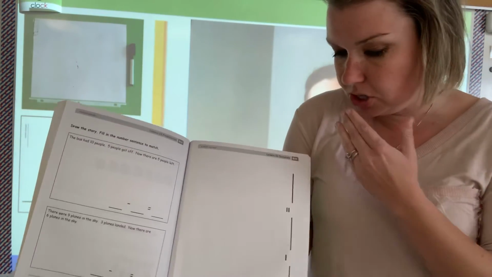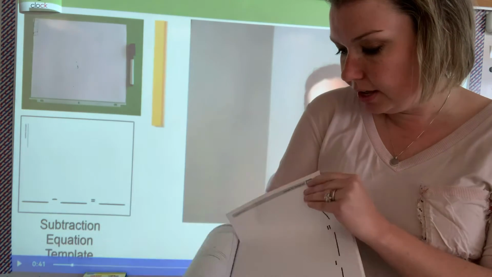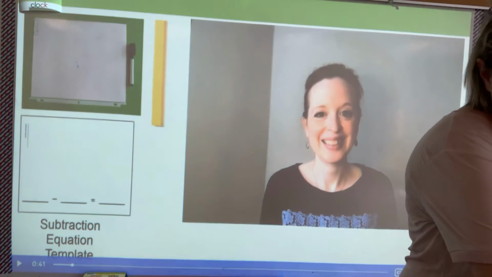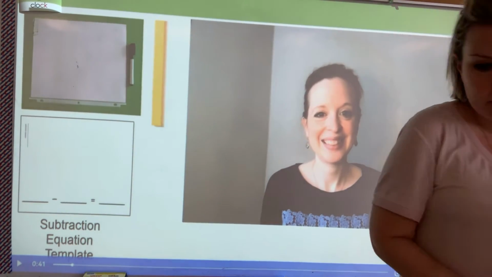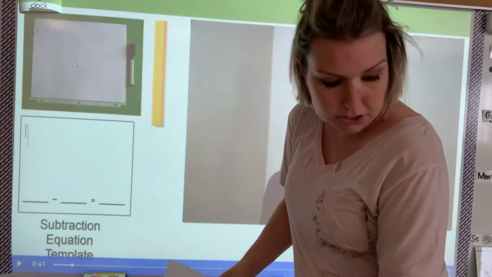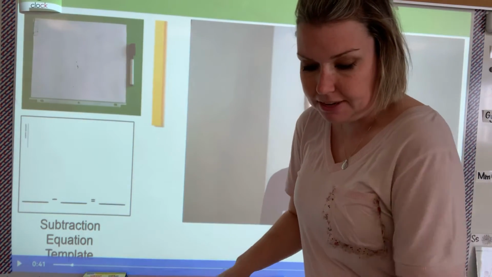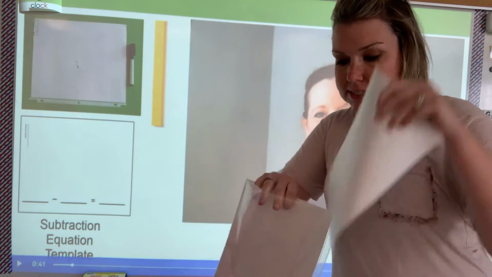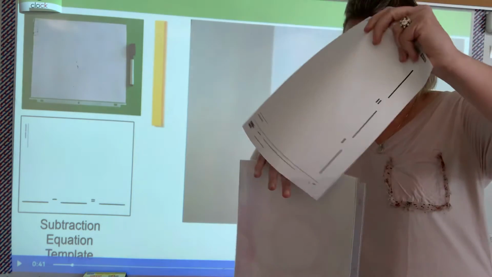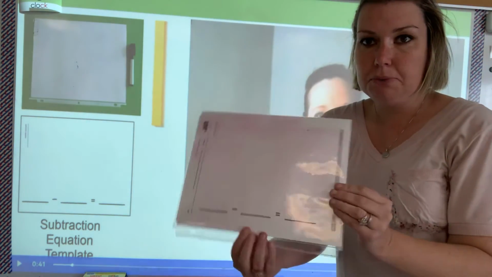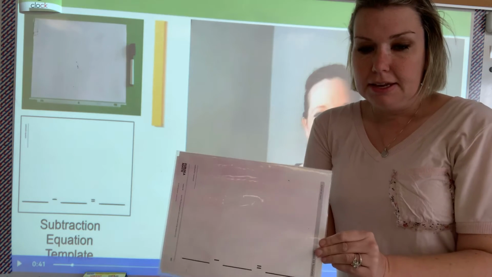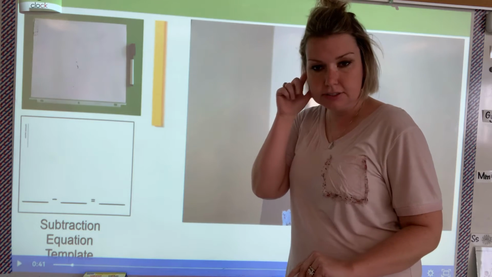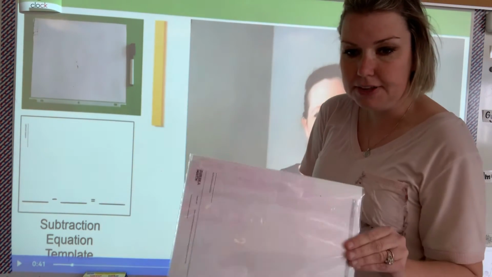All you have to do is gently tug on it and it comes right out. Then you can slide it inside your whiteboard. And then you just need 10 cubes and a dry erase marker. That's all you have to have.